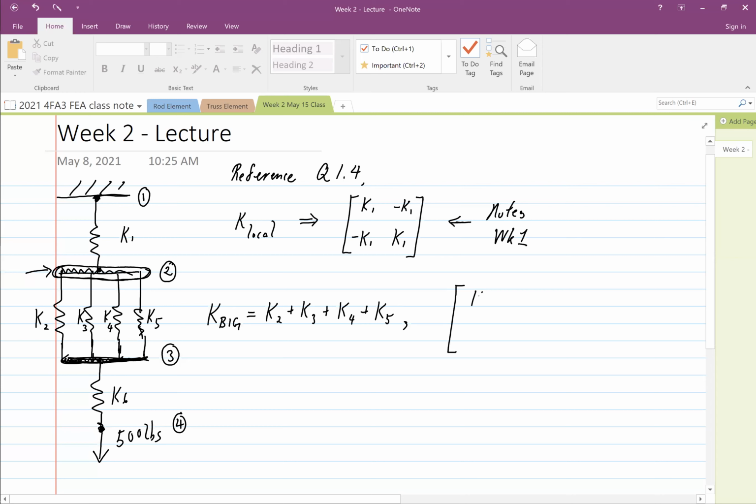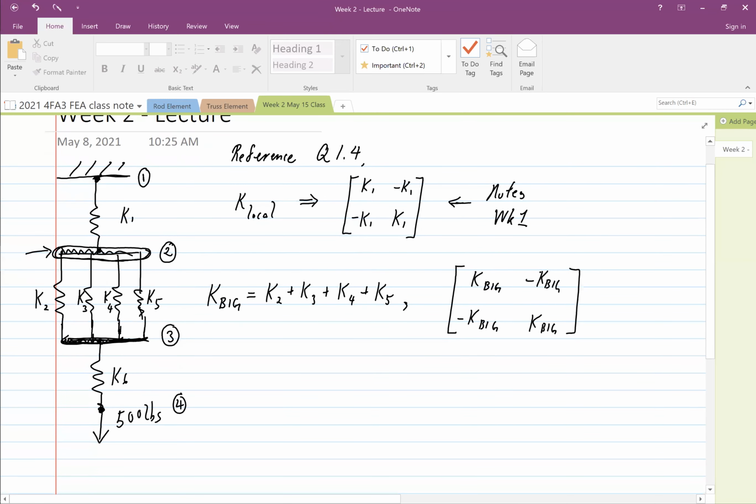So the local matrix for this mass will be K big. Okay, finally, the bottom one. Very easy. K6.